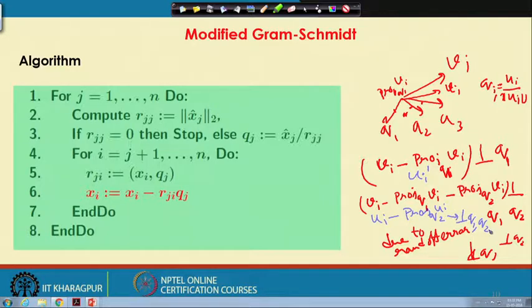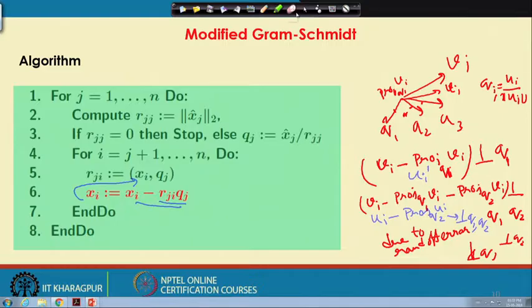This is the idea of the modified Gram-Schmidt method. In the algorithm, the dot product is taken not with the initial vector; rather, we subtract the projection along one particular q from the initial vector and then take the modified vector for the dot product.